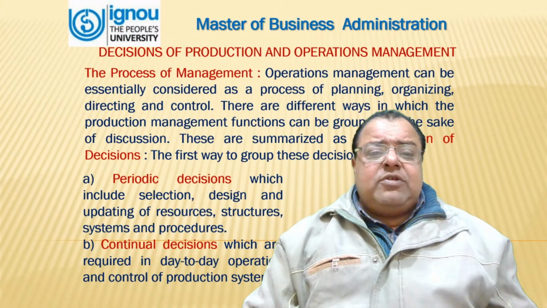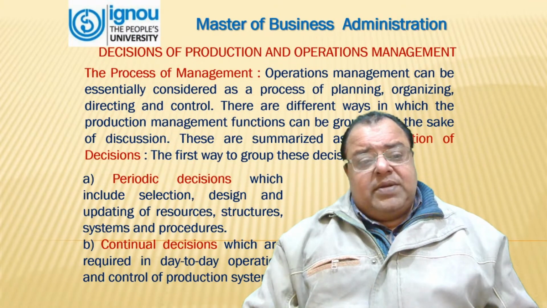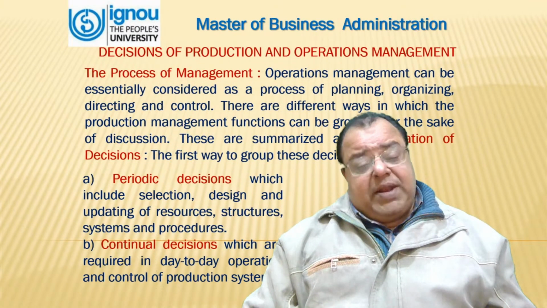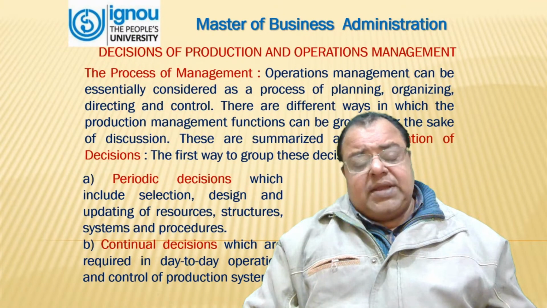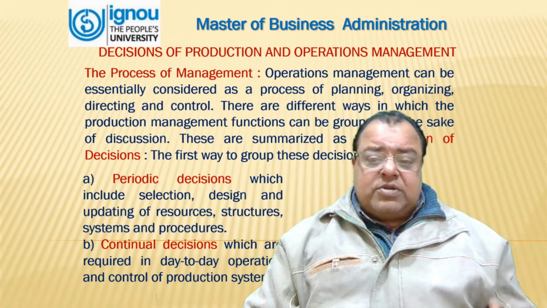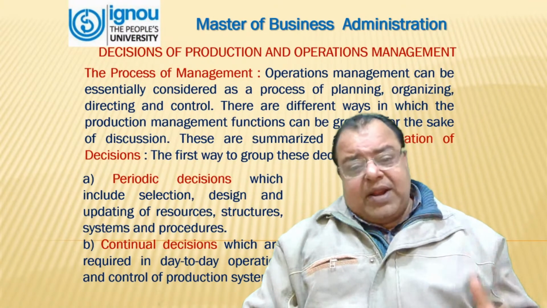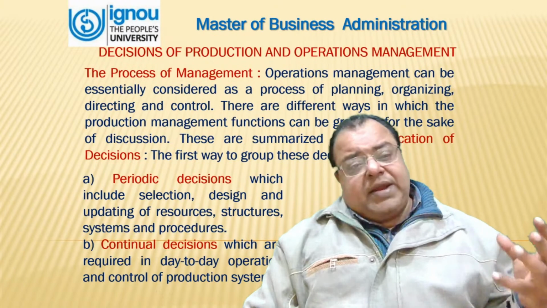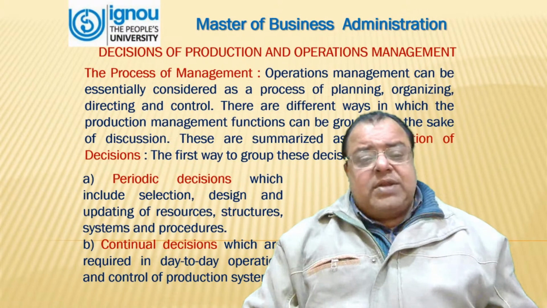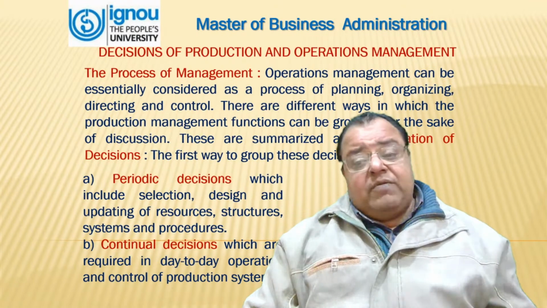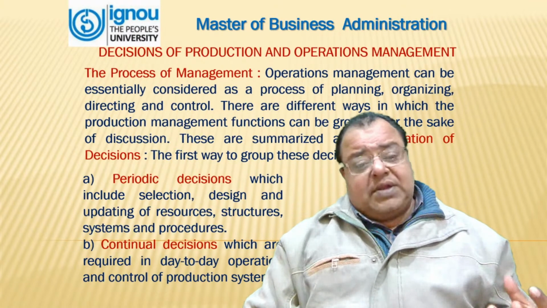Now, decisions of production and operation management. The process of management: operation management can essentially be considered as a process of planning, organizing, directing, and controlling. There are different ways in which the production management functions can be grouped for the sake of discussion.